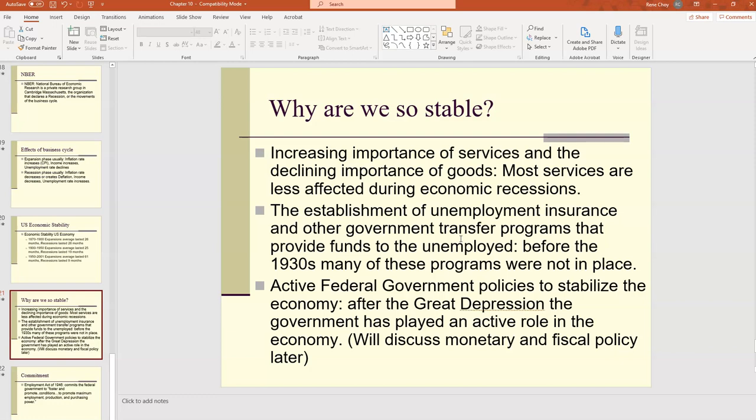Imagine if we did not have any unemployment insurance. The federal government also seems to be very active, usually, with these policies of stabilization. After the Great Depression, the government has played a much more active role in the economy, and as a consequence, the recessions have become less lengthy.